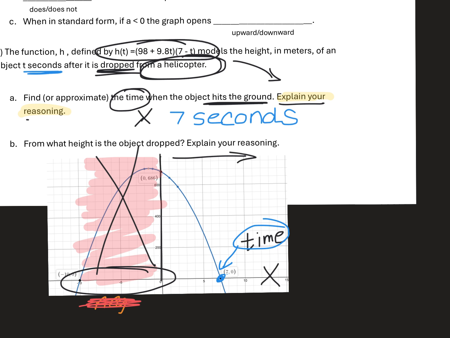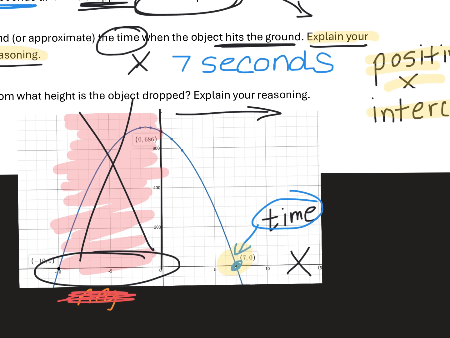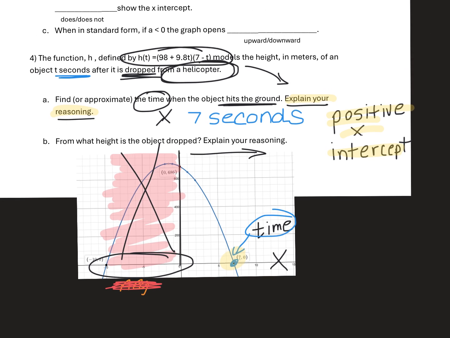For explain your reasoning on the test, you can say it was the positive x-intercept, that is the place that shows where it hit the ground, even though there is a negative x-intercept over on this side. We can't use it because that would mean that there's negative time.